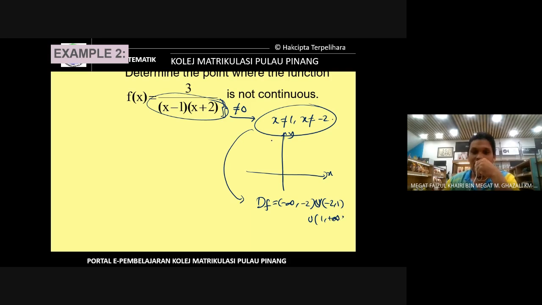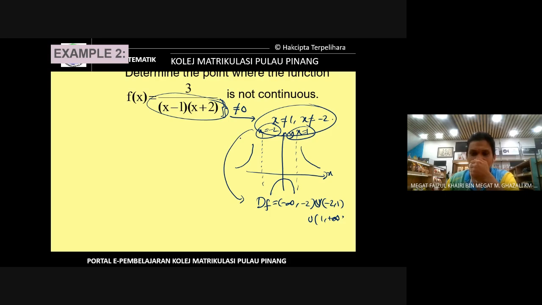Meaning that all values of x are the domain of this function except when x equals -2 and x equals 1. So bermakna at this point and this point, the graph is not continuous. Why? The graph might be something like this, might be something like this. This one, and this one. Mungkin begitu.